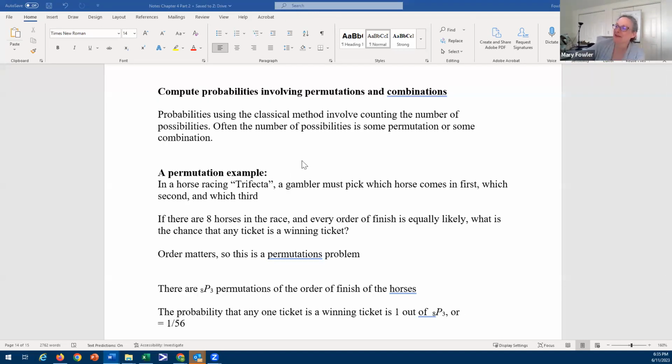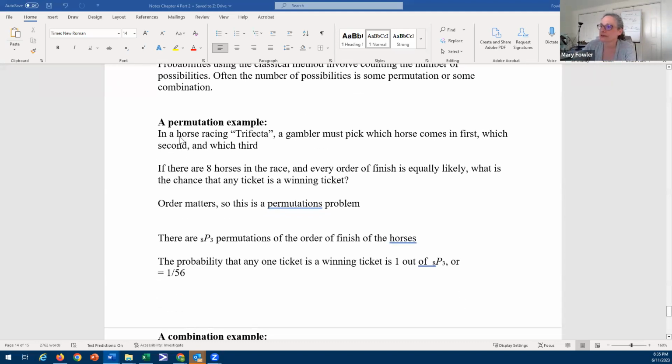All right, and finally, we'd like to put some of these counting methods to work in calculating some probabilities. So we're going to compute some probabilities involving permutations and combinations. Let's consider this. In a horse race trifecta, a gambler must pick which horse comes in first, which comes in second, and which comes in third.